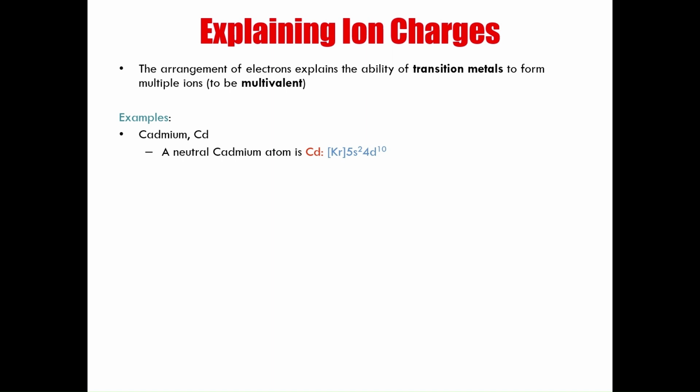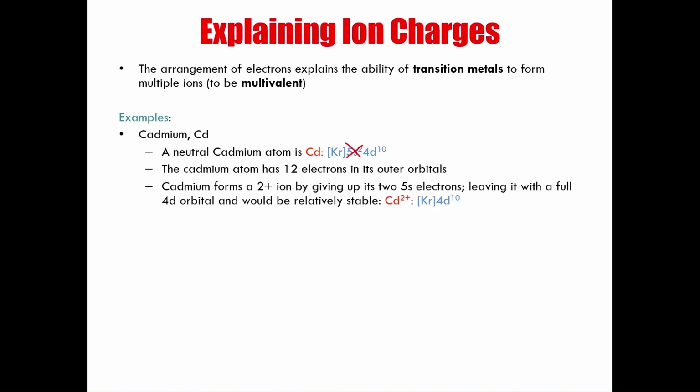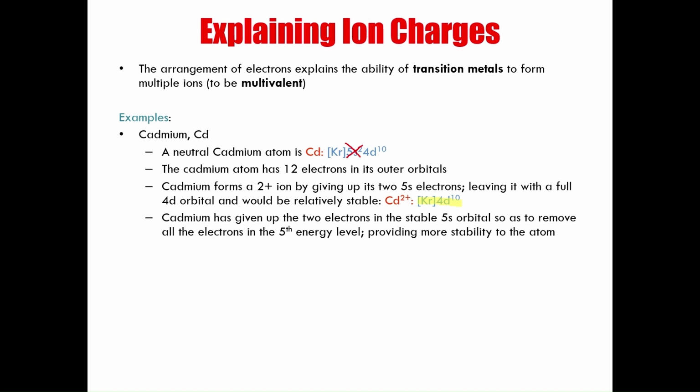But again, remember, it has 2 electrons in the 5th energy level. Although it has 2 electrons filling the s orbital, the 5th energy level is unstable. So it's going to lose those 2 electrons, and it's going to have a 2 positive charge, leaving behind an electron configuration of this, just leaving behind the 4d10 electrons.